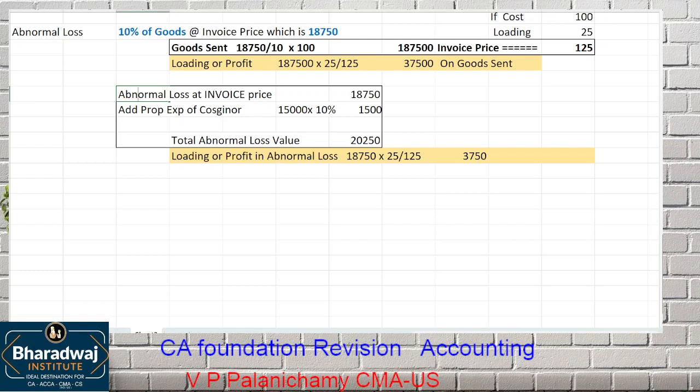So abnormal loss at invoice price is nothing but 10% of the goods sent, given in the question itself. What is missing then?